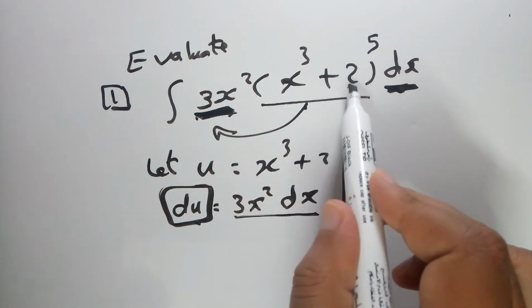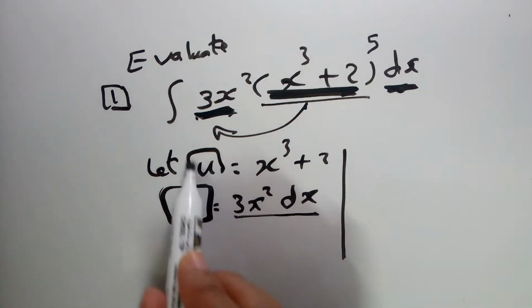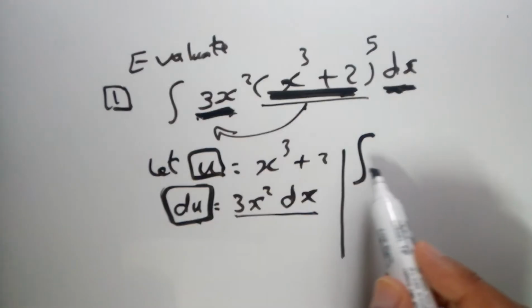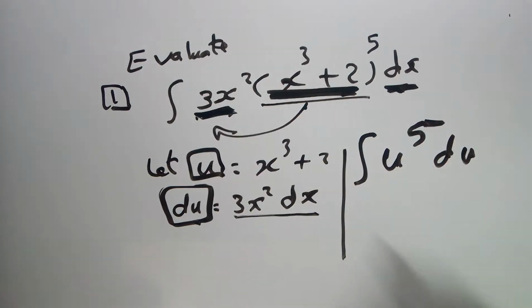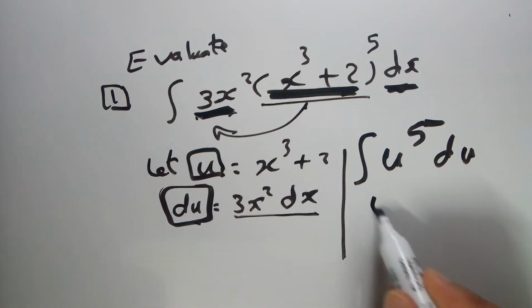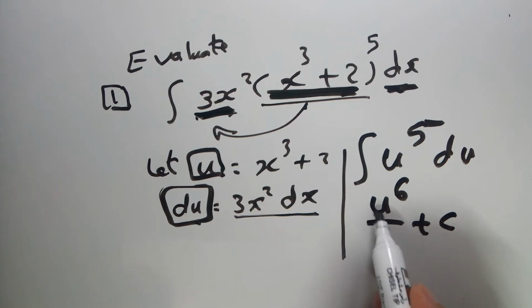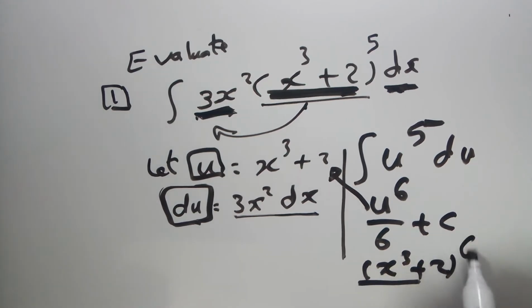And x cubed plus 2 you can replace with u. Now you can change this form to the integral of u to the power 5 du. Now you can apply the power rule: u to the power 6 divided by 6 plus c. And u is what? U is this quantity. Then it will be x cubed plus 2 all to the power 6 divided by 6, plus c.